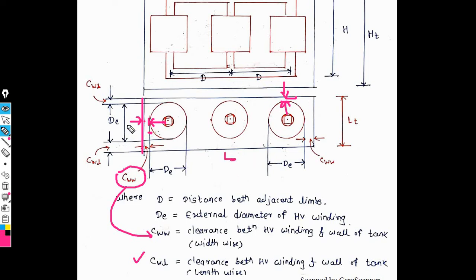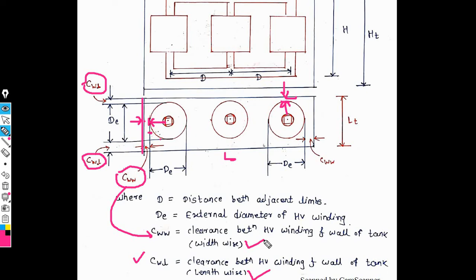CWL here also shows the clearance between HV winding and wall of the tank. CWL depends on lengthwise, and CWW depends on widthwise. These are important.